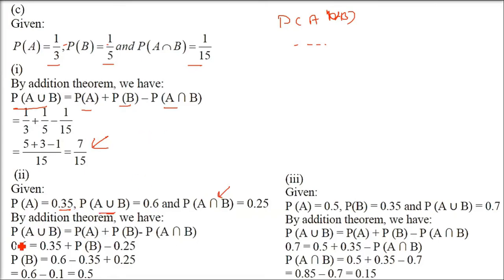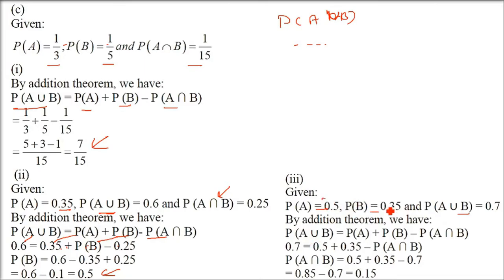Same formula we are going to use. PA union B, PA is given, PB is not given, PA intersection B is given. So this is PB. It will be 0.5. Now coming to the third part. PA is 0.5, PB is 0.35, PA union B is 0.7, PA intersection B is not given.